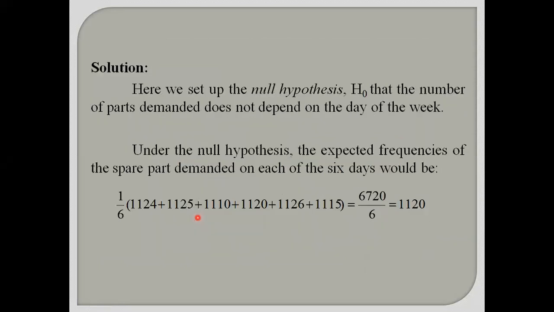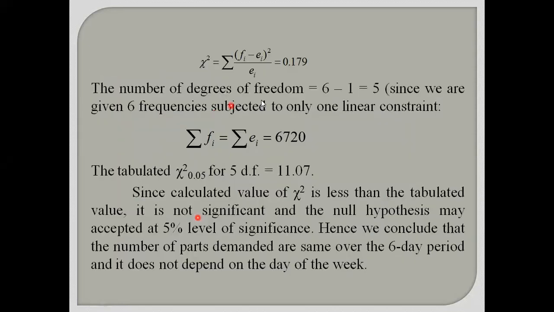Our calculated value is 0.179 and our tabulated value is 11.07. This is less than this one, yes or no? This is chi-squared, and this is chi-squared alpha, where alpha is the level of significance and the degrees of freedom are n minus 1.